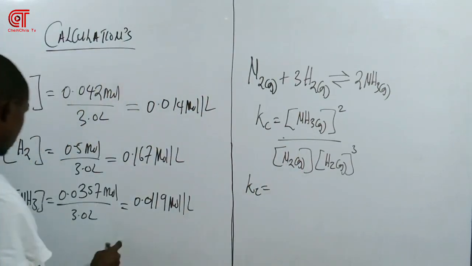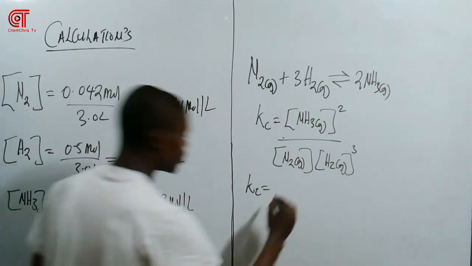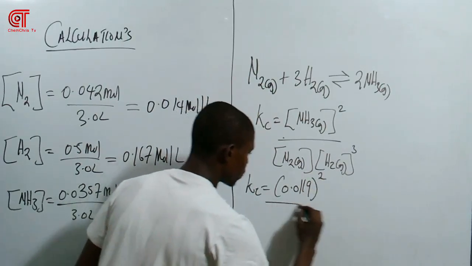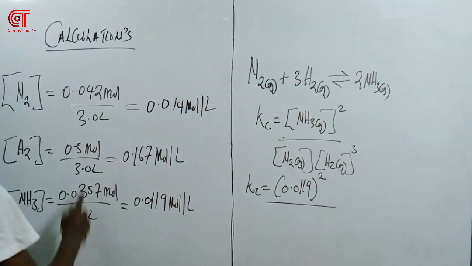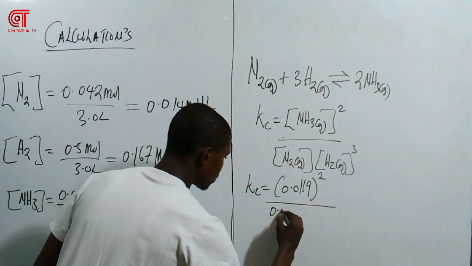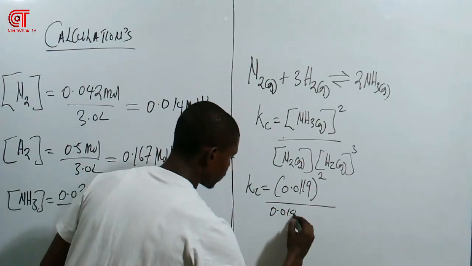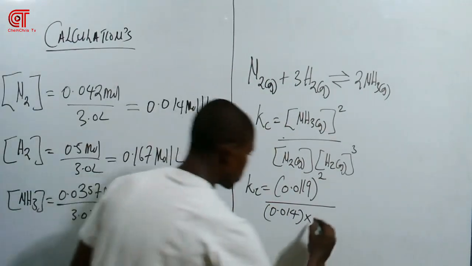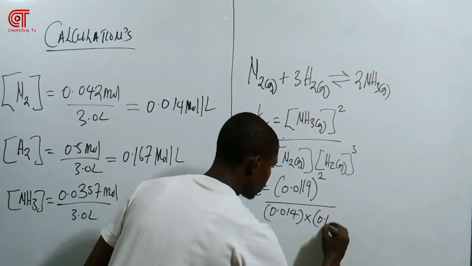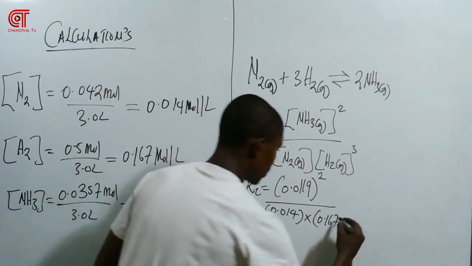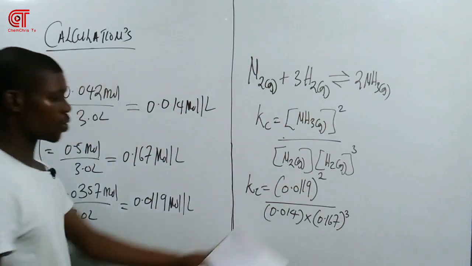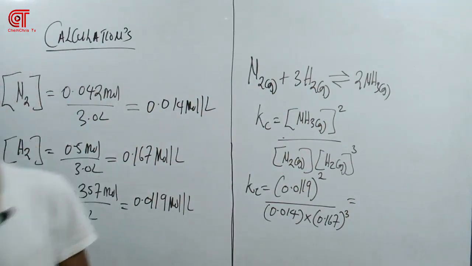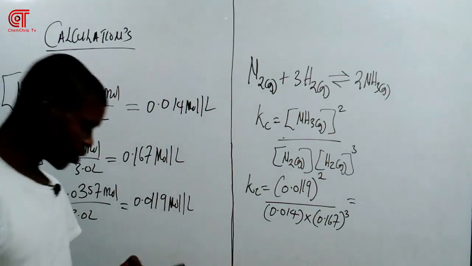This one is 0.0119 raised to the power 2, over N2, which is 0.014, times H2, which is 0.167 raised to the power 3. So what I want to do now is use your calculator in solving it.